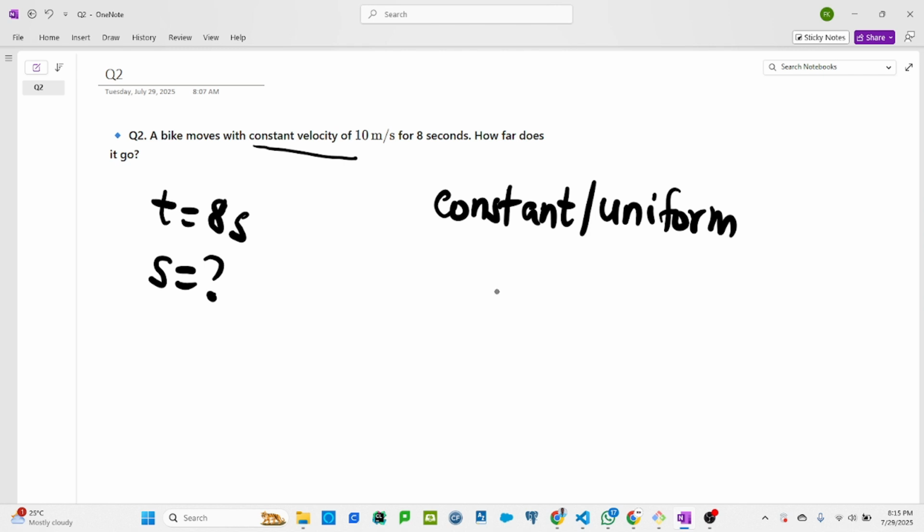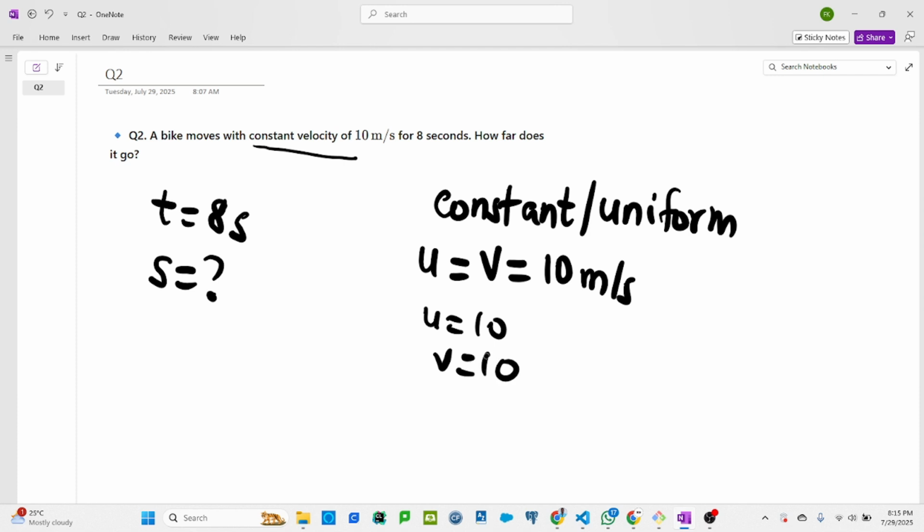Whenever they say that, it means the initial velocity u is equal to the final velocity v, and in this case that value is 10 meters per second. So the value for u is 10, the value for v is also 10. Let's keep that in mind.